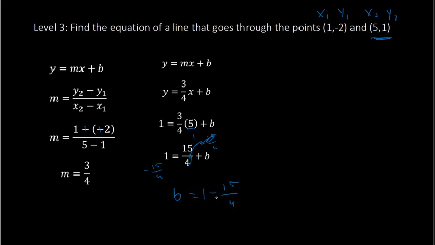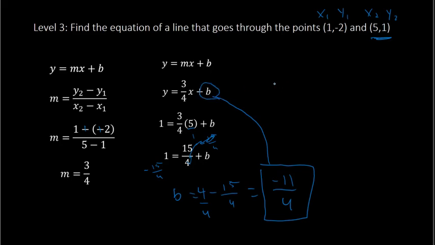Well, I can write 1 as something over 4, and that would actually be 4 over 4. And then from here we can combine. 4 minus 15 is negative 11, and that's over 4. So b is negative 11 over 4, and I can put that in for b up here.